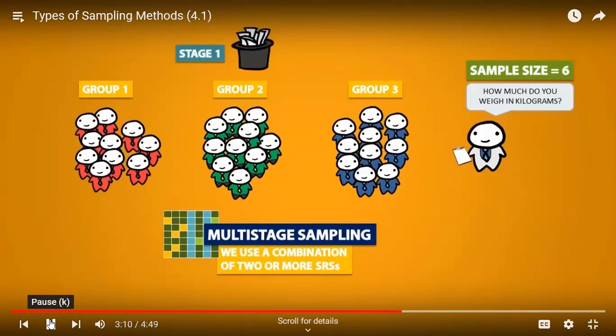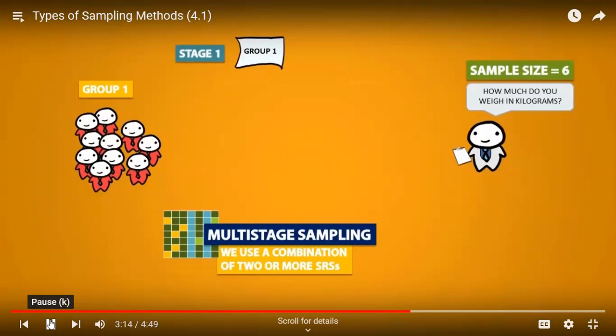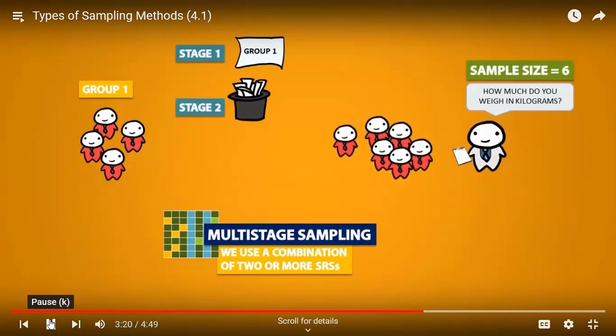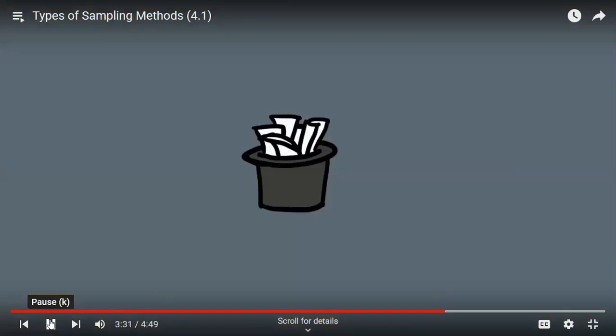Let's say that I picked out group 1. Then that means I would only look at group 1. Then for stage 2, I would do another SRS to get the 6 random people. We go through different stages of simple random samples to get the actual sample, and this is why this is called multi-stage sampling.